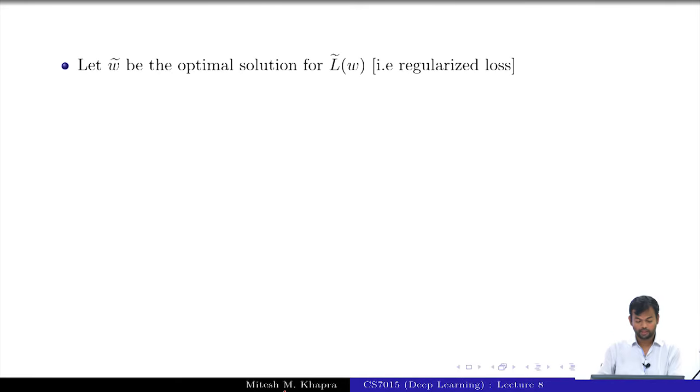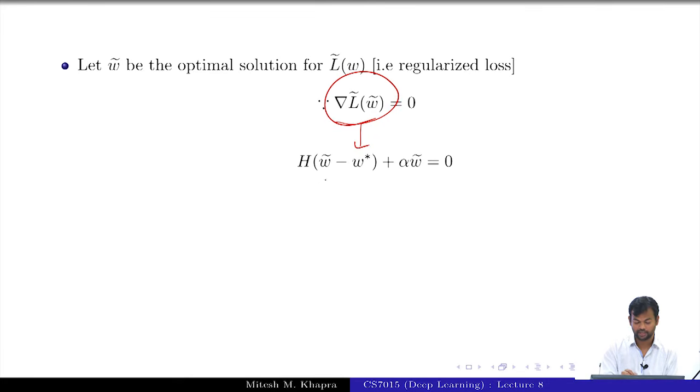Now let W tilde be that solution for the regularized loss function. So that means the derivative of the regularized loss function at W tilde is going to be 0. Nothing great about this. But I just told you on the previous slide that I can write this quantity as this quantity. That's what we derived on the previous slide. Just take my word, that is what we derived on the previous slide.